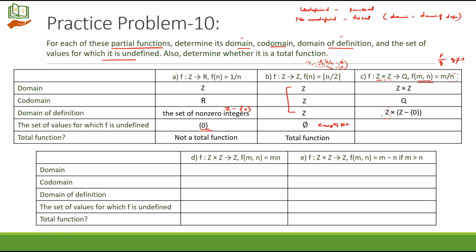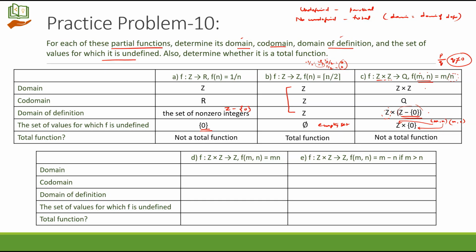So there is an exception here. What is undefined? This particular part is undefined. When there is a pair m comma n, where m belongs to Z and n is 0, there is no definition, because in rational numbers we have q not equal to 0, that is, the denominator is not equal to 0. m comma 0 is undefined. So in this case, we can say this is not a total function.